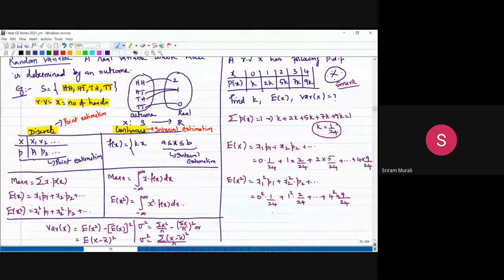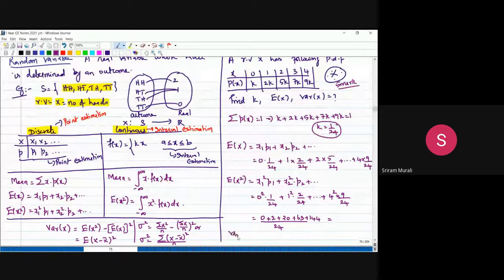So you just take LCM as 24 and then get this. This is 0 plus 2 plus 20 plus 63 plus 144, which is equal to something.